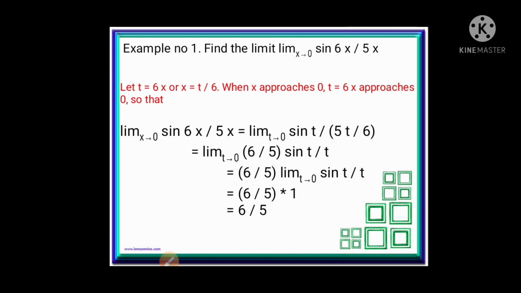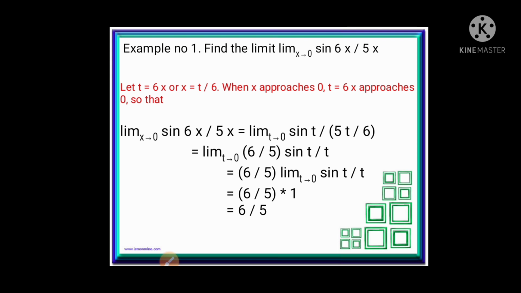t is equal to 6x approaches 0, so the limit of sine 6x over 5x as x approaches 0 is equal to the limit of sine t over 5t over 6.